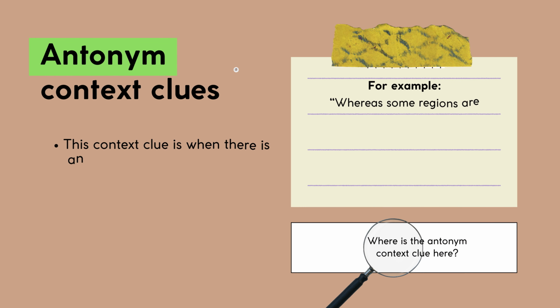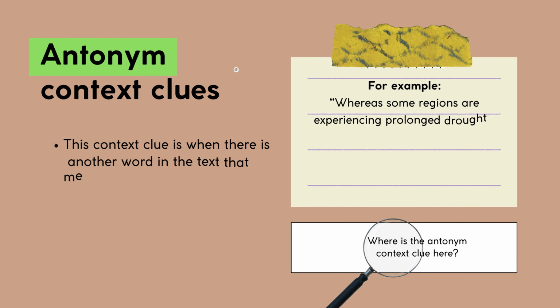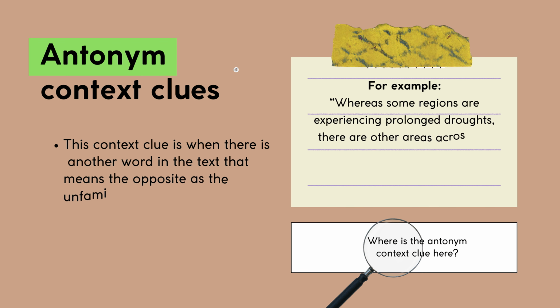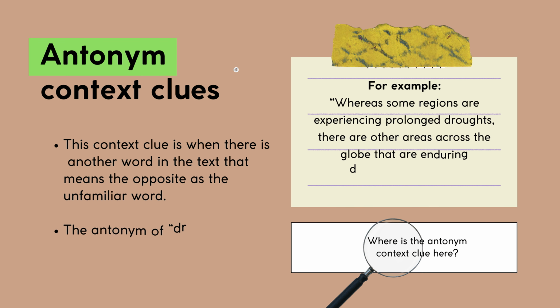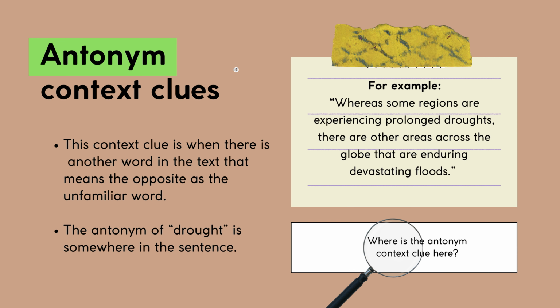Antonym is another type of context clues. This context clue is when there is another word in the text that means the opposite of the unfamiliar word. The antonym of drought is somewhere in this sentence. Can you try and find the antonym context clue here?